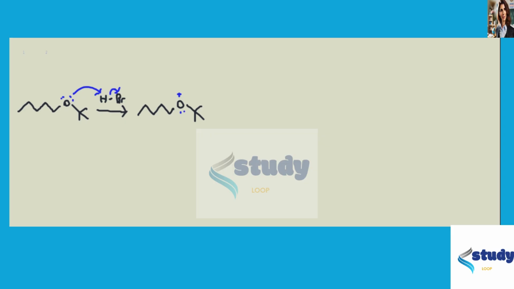That is going to open up the way for the bromide ion that we formed in the previous step, which is going to have 4 lone pairs and a negative charge. This is going to attack the carbon to which the oxygen is bound, and those electrons will revert to that oxygen.